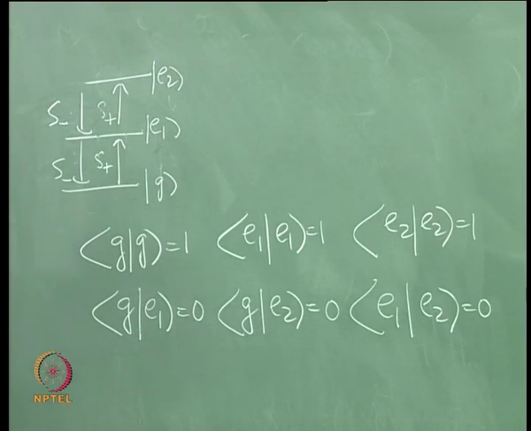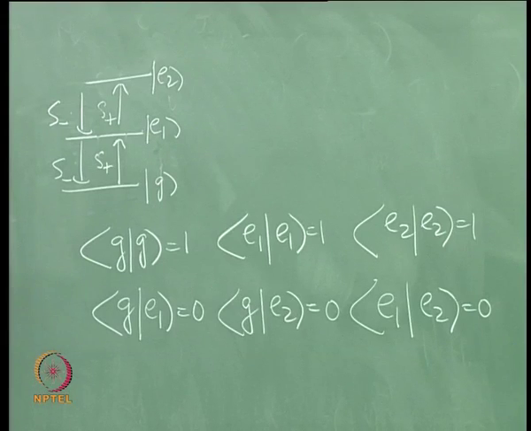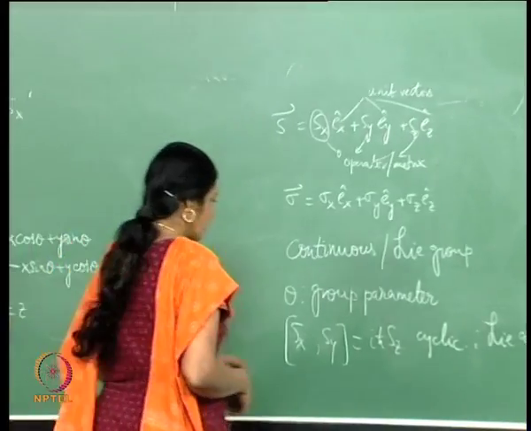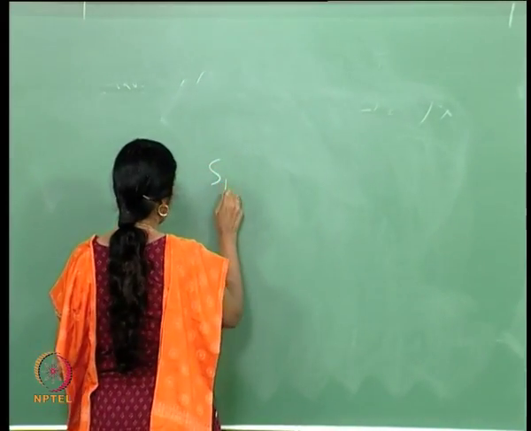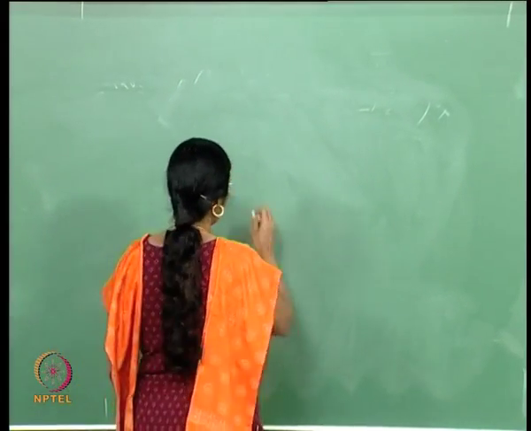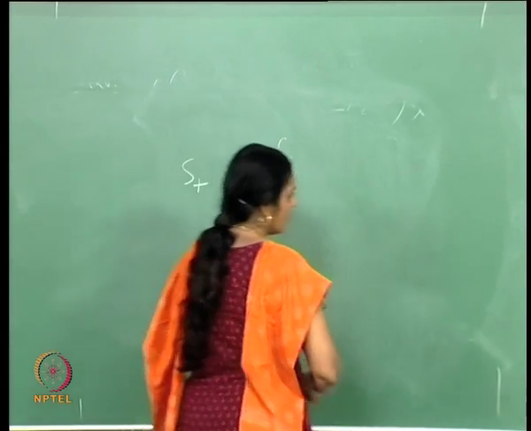So what are the operators that I can construct with the basis states G, E1 and E2, which could represent S plus, S minus and Sz? Now those are simply done. S plus is the operator, it is a non-Hermitian operator, given by this.